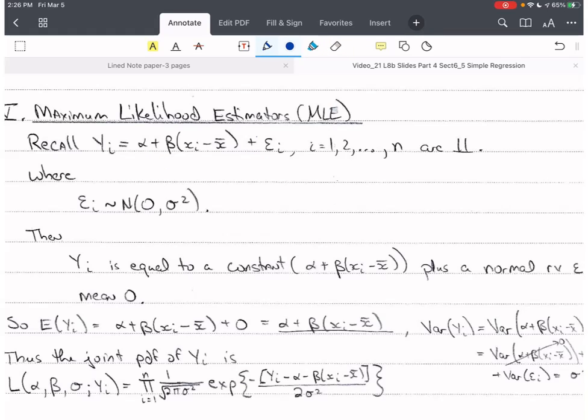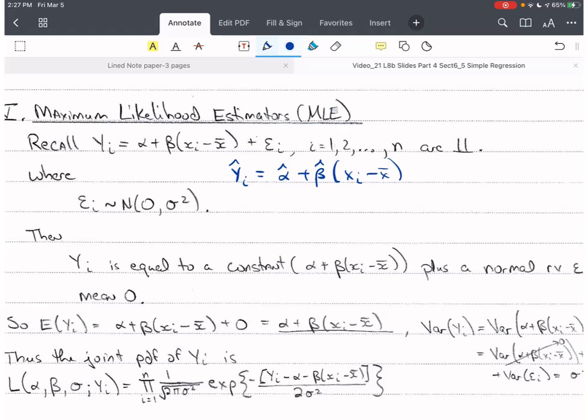Now, when we use a data set to calculate the estimators, then we end up with yi hat equals alpha hat plus beta hat times (xi minus x bar). There is no epsilon because epsilon has been incorporated into the estimators. There is error there, and that error is taken into account by the sample and therefore ends up in these estimates. So the least squares estimates.